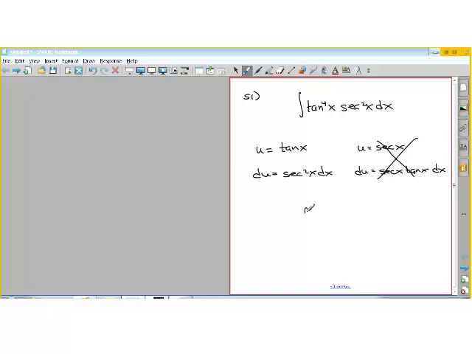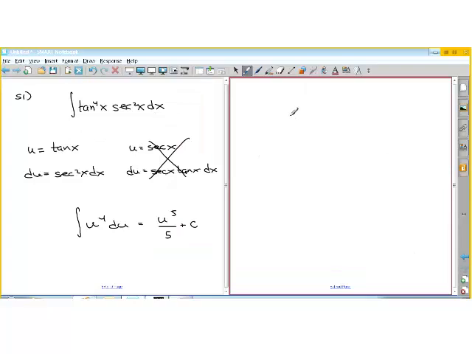Since we have exactly what we need here, we can rewrite the original expression as u to the fourth, tangent to the fourth, times secant squared dx, which is du. When you integrate that, you get u to the fifth, add 1 to the exponent, divide by the new exponent 5, and you add your arbitrary constant. Now you just plug back in.